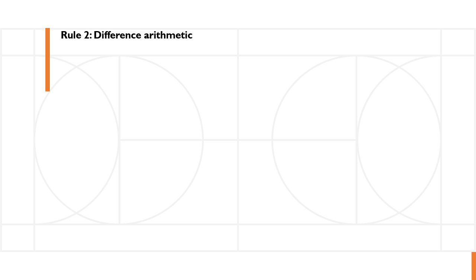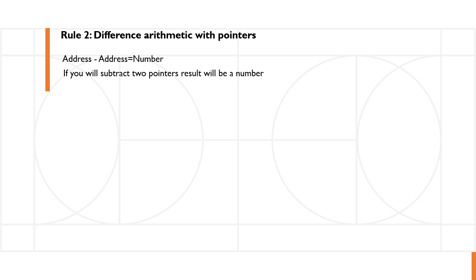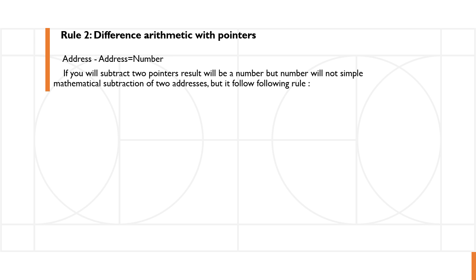So coming to rule 2 of arithmetic, difference arithmetic with pointers. Earlier we saw addition, right? Address minus address is equal to a number. Suppose I'm living on a street at address number 850 and you are living at 835. 850 minus 835 gives me 15, right?